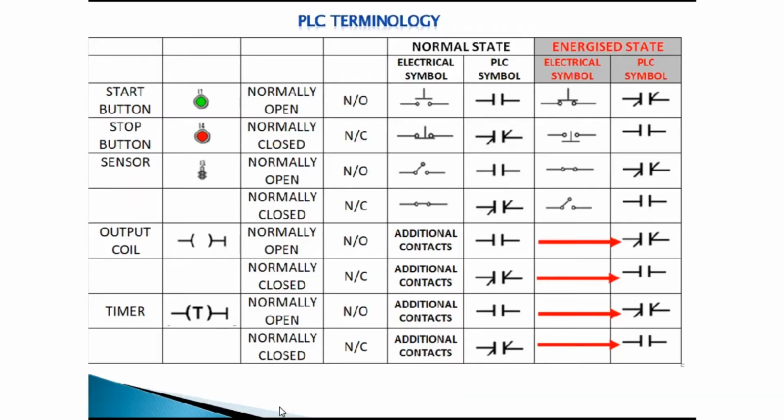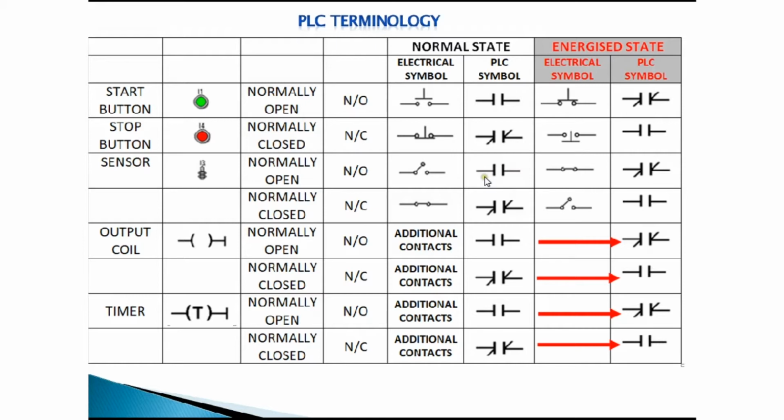Now, these sensors can be in one of two states. They can either be normally open or normally closed. So I've listed both of them here. If they're normally open, they will be represented as an open switch. And if they're normally closed, they're represented as a closed switch. So in the normal state, if it's normally open, then I energize it.